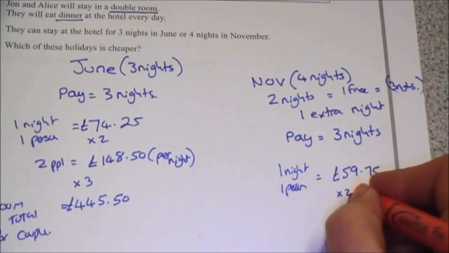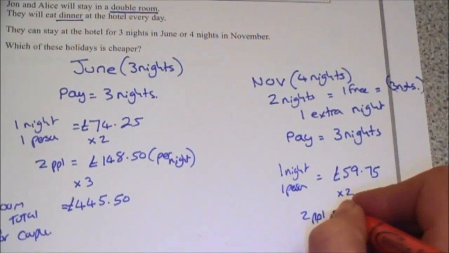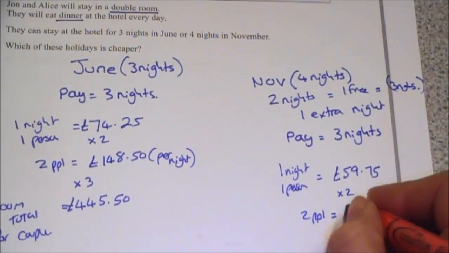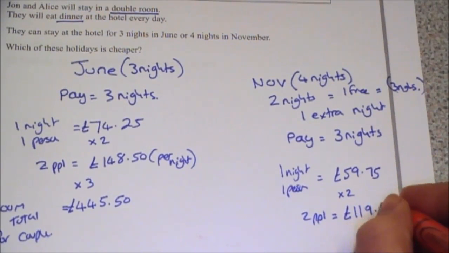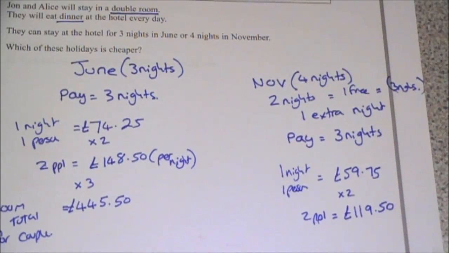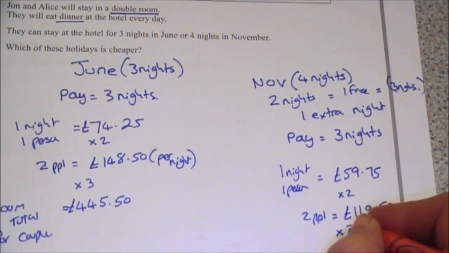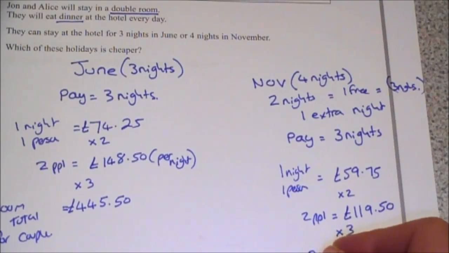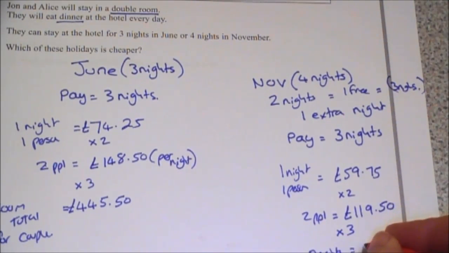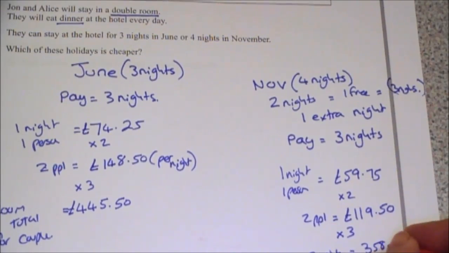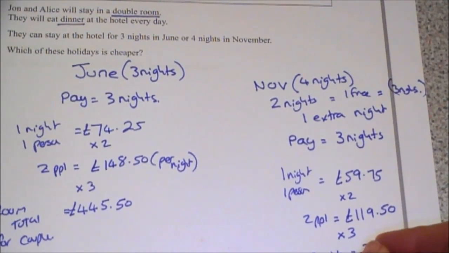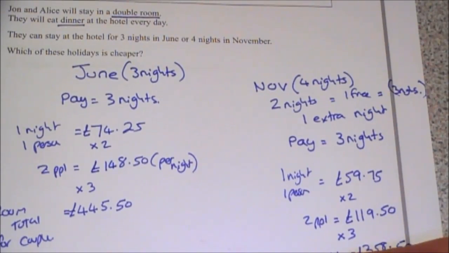So for 2 people, that's going to end up costing me £119.50, and I need to pay for 3 nights. So 3 nights is going to cost me £358.50. Remember, this is a calculator paper, and that's the room for the couple.